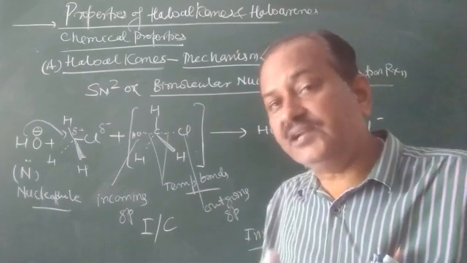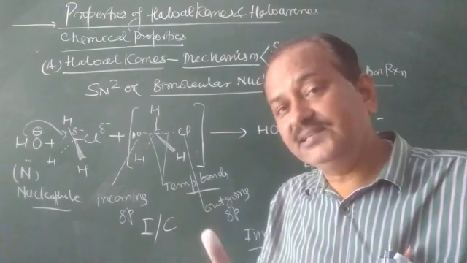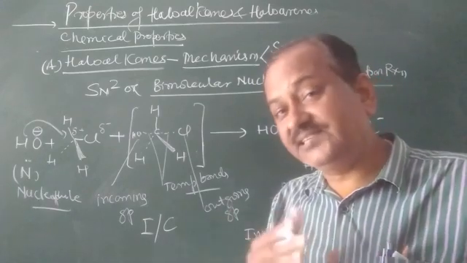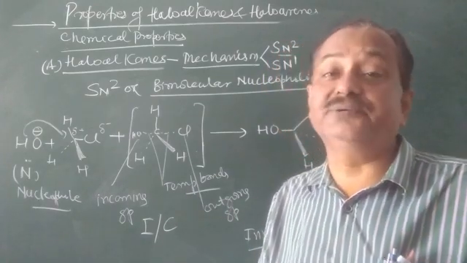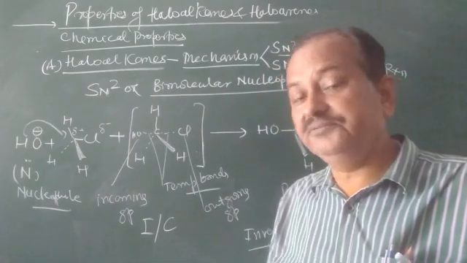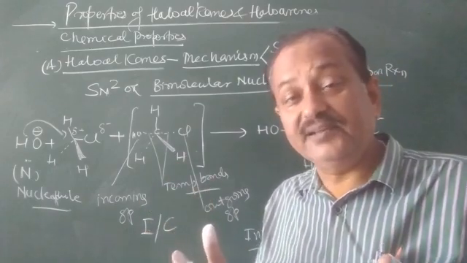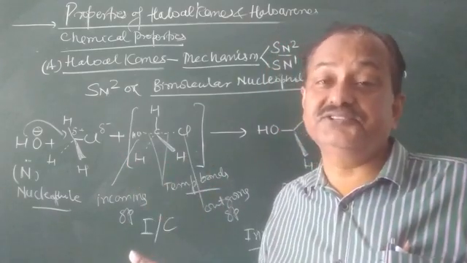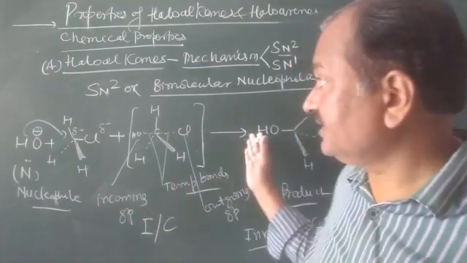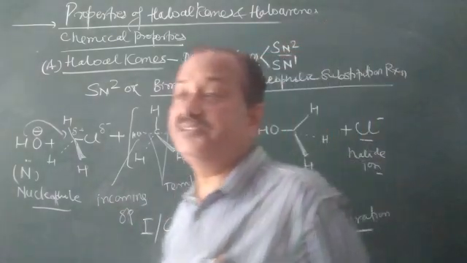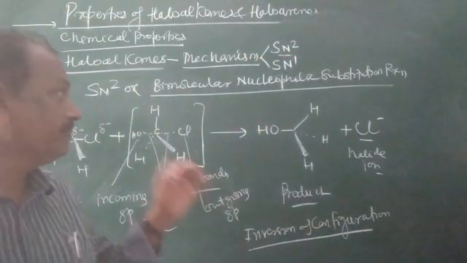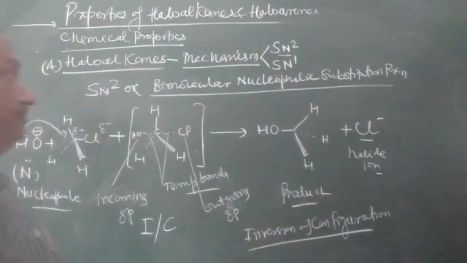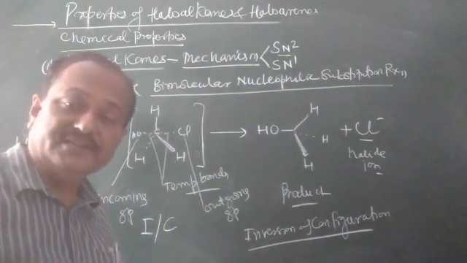Inverter starts charging and it stops. Similarly, you can compare the umbrella. Where there is very high speed wind, the umbrella gets reversed, inverted. So same is the case. Inversion of configuration is a very important point in this mechanism of haloalkanes.